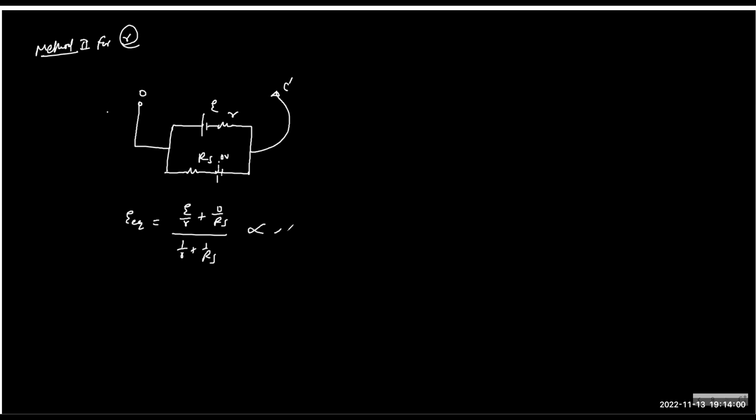This is proportional to L2. Taking R below, you get E by 1 plus R by RS, which is proportional to L2, and E is proportional to L1. So E by 1 plus R by RS equals L1 by L2, which is the answer.